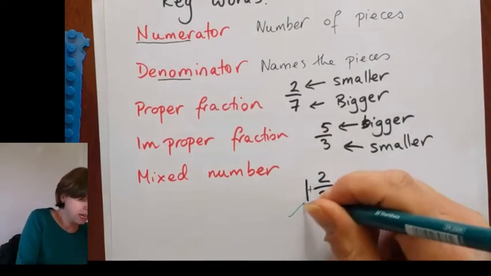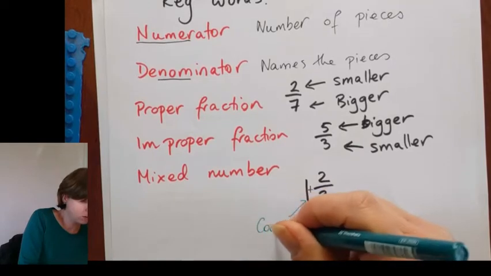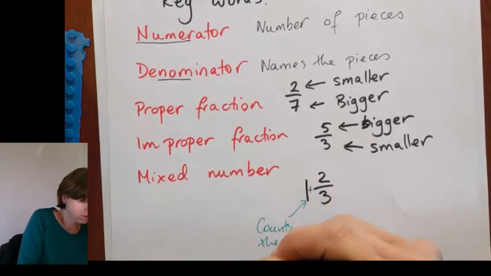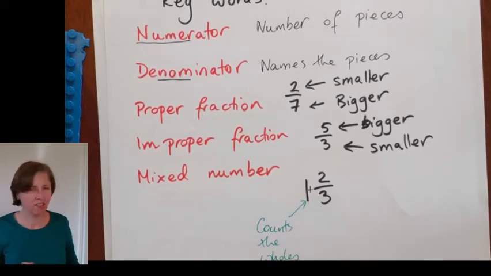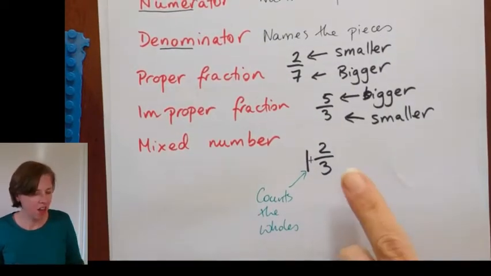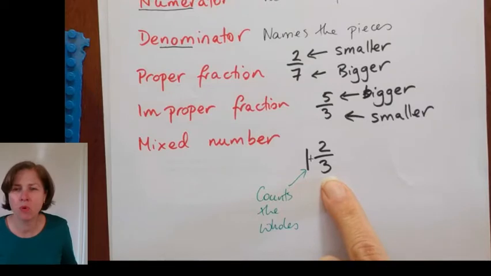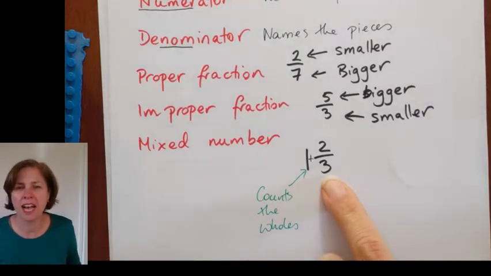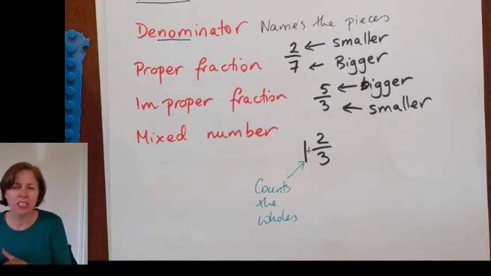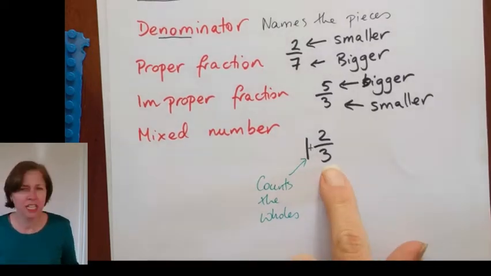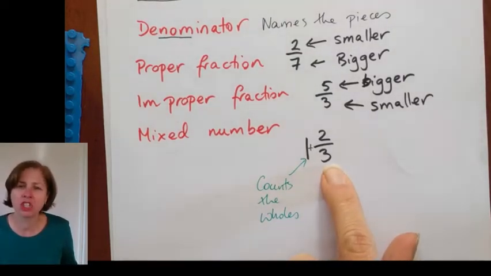So this number here counts the wholes. Not donut holes, whole things, right? Then I've got a little bit more. So if I've got 1.5 cakes, I've got 1 whole cake and then a little bit more. The fraction tells me exactly how much of an extra cake I've got.